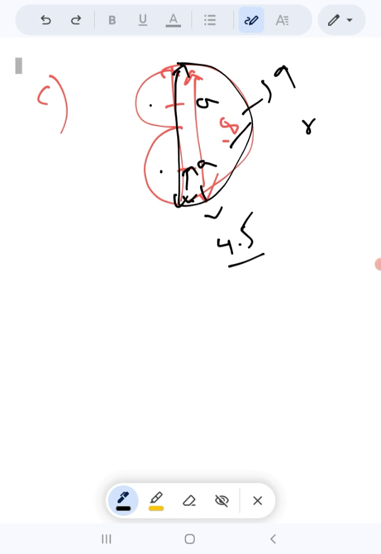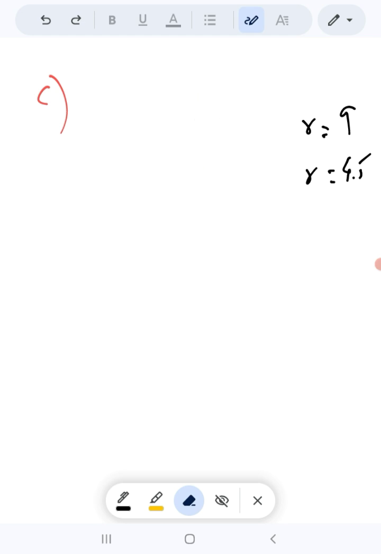Now the radius for the bigger one is 9 and the radius for the smaller one is 4.5. Okay, rubbing this out and making it clear for you all once again.